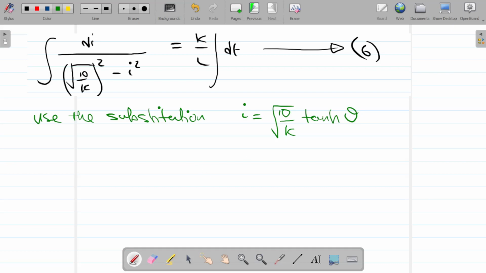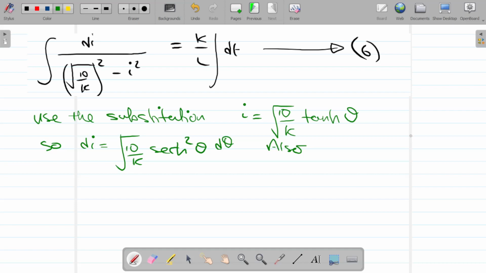So differentiating both sides of that, we get di is equal to the square root of 10 over k hyperbolic secant squared theta d theta. And also we can rewrite the original substitution, I equals the square root of 10 over k tanh theta.